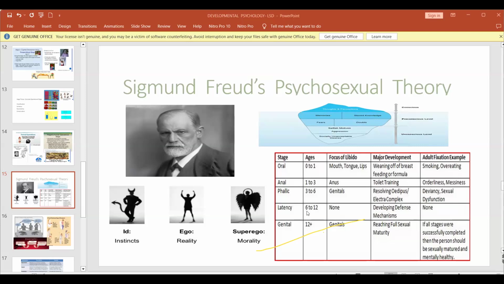They actually drink milk and the mouth, tongue, and lips are stimulated. And according to Sigmund Freud, the need is gratified, yes. But if it is over-gratified or under-gratified, what happens? It becomes a conflict, and this conflict is stored in the unconscious mind.